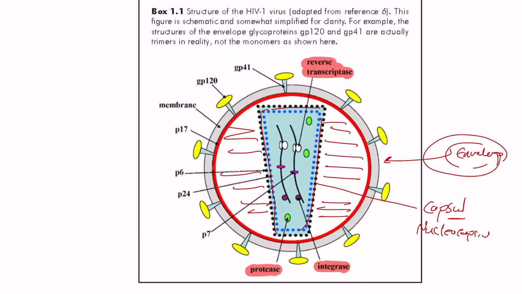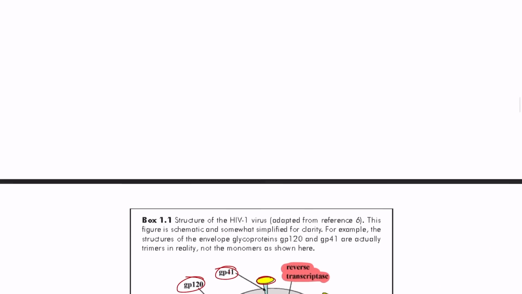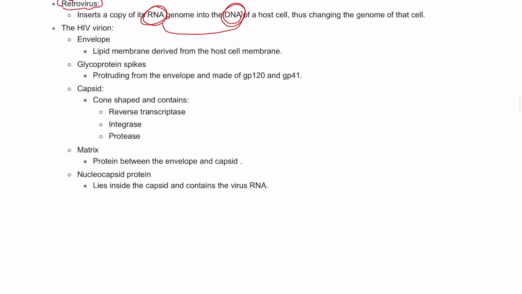On the envelope there are some proteins, which are the glycoprotein 41 and the glycoprotein 120. So these are the structures of the HIV virus. You have the envelope, which is the lipid membrane taken from the host cells, with glycoprotein spikes on that envelope.